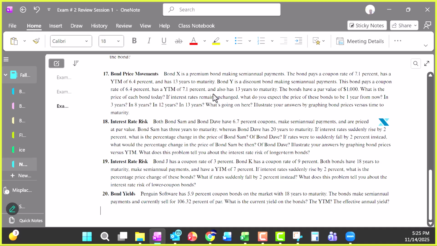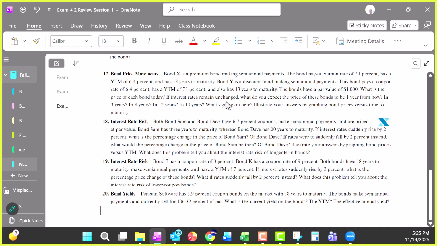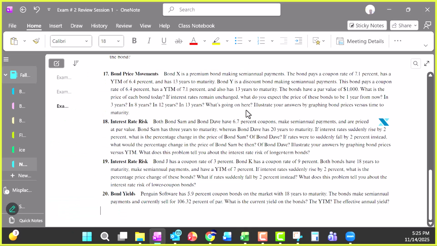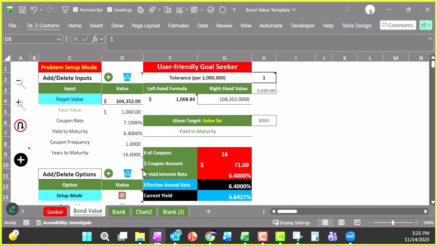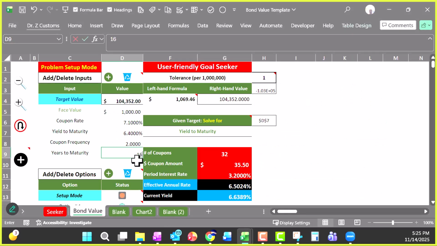Let's see. Coupon rate 7.1. Yield to maturity 6.4. Semi-annual, so coupon frequency is 2. And 13 years to maturity.